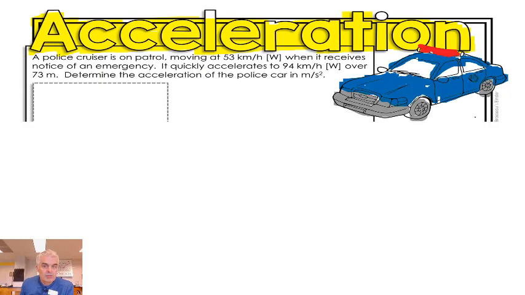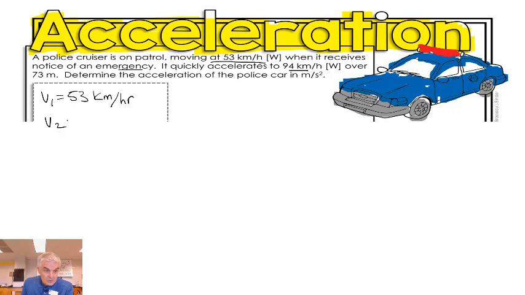Let's just jump to the police cruiser problem. He's on patrol moving at 53 kilometers per hour west. So he's got a V1 of 53 kilometers per hour. That might be an issue, kilometers per hour. When it receives a notice of an emergency, it quickly accelerates to 94 kilometers per hour.